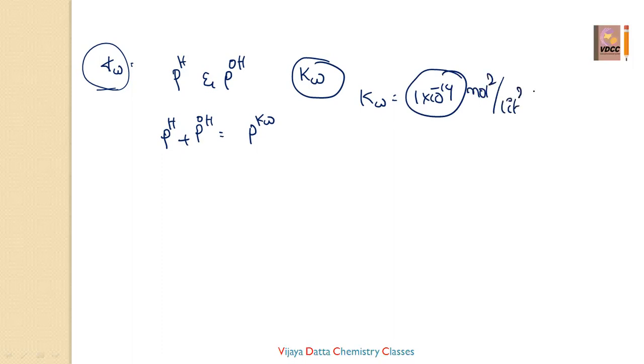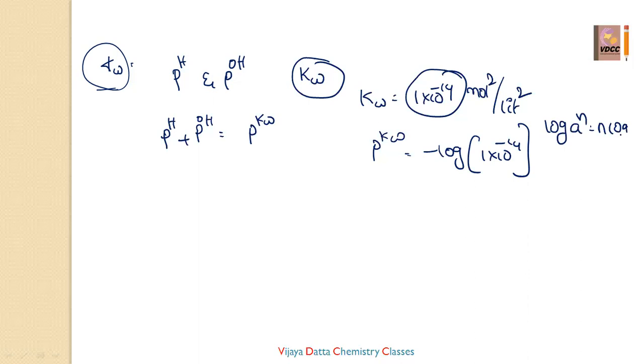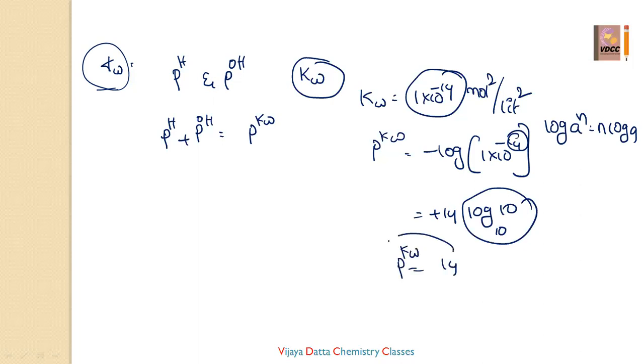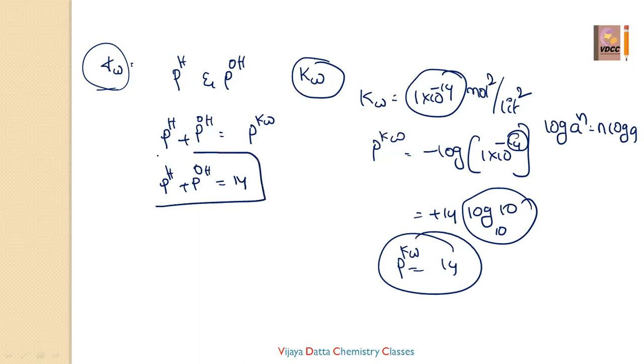If you apply the negative logarithm to 1 into 10 to the power of minus 14, log a to the power n is n log a, so the power comes to the front, then minus into minus is plus, 14 log 10. Log 10 to base 10 is 1, so it is 14. So the pKw value is 14, and pH plus pOH will always be equal to 14.